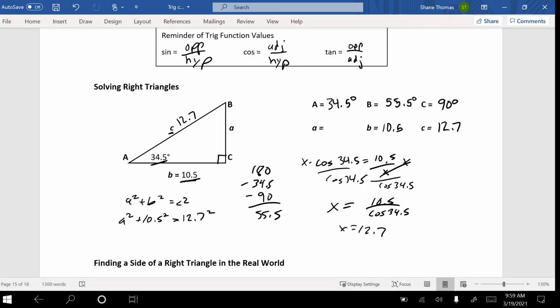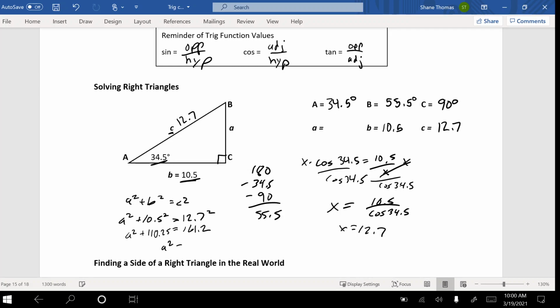Anybody? 161.2. What's 10.5 squared? What was it? 110.25. Okay. Now we're looking for a, so we subtract that over.